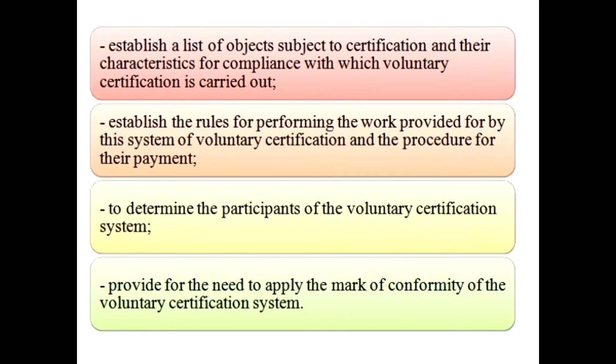Requirements for a newly created voluntary certification system: establish a list of objects subject to certification and their characteristics for compliance with which voluntary certification is carried out; establish the rules for performing the work provided for by this system of voluntary certification and the procedure of their payment; determine the participants of the voluntary certification system; provide for the need to apply the mark of conformity of the voluntary certification system.